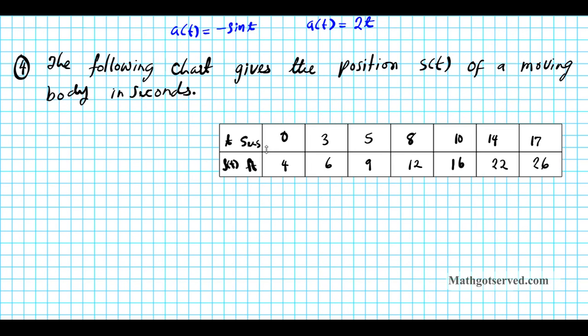Okay, so we have this chart right here. So the task is to find the average velocity from 3 to 17. Alright, from 3 to 17.